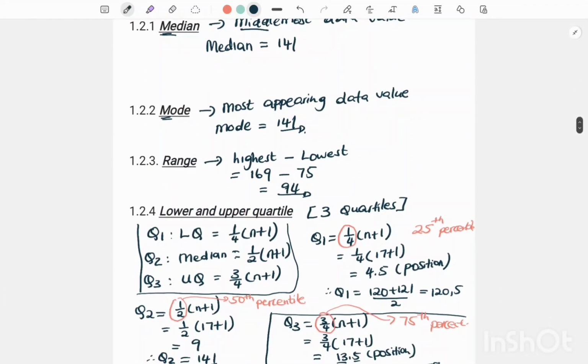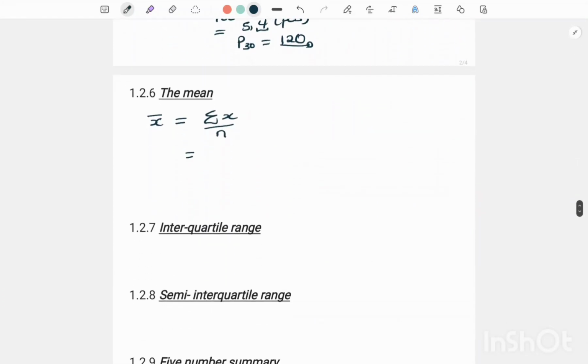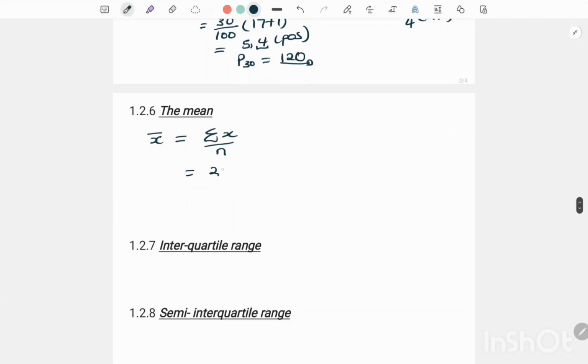I get 2312. That is the sum of the data values over the total number, which is 17. Then I just divide by 17, and I get the mean of 136.